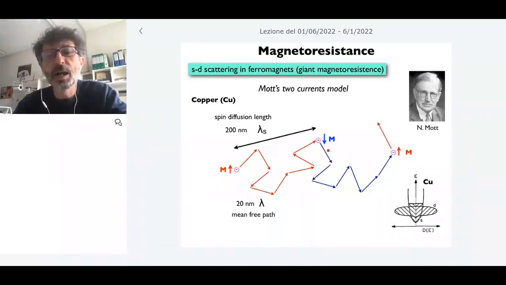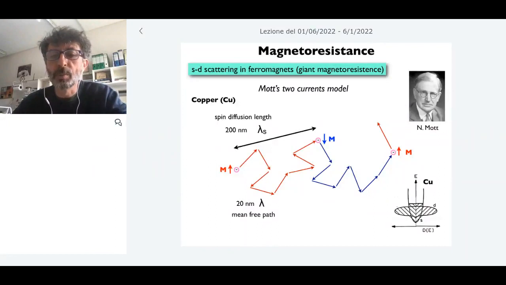And since the diffusion length is much larger than the mean free path, for the conduction you may consider that the up electrons and down electrons act independently. So you may just sum the two subbands as an electrical parallel.